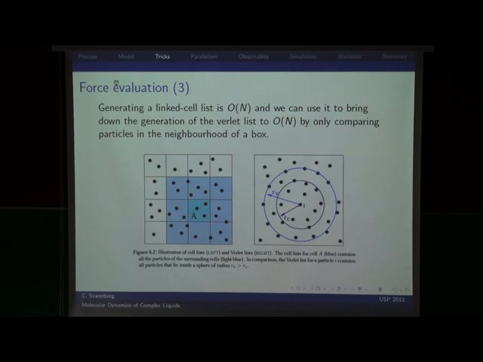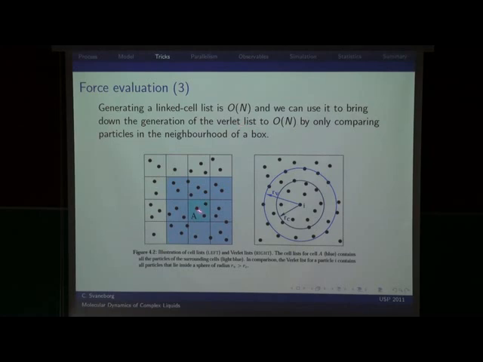There's a way of optimizing this, and this is to apply a linked cell list. What we do is take the entire simulation box and sort beads into the subcell of the simulation box where they live. This can be done in O of n, so it takes linear time with the number of particles.